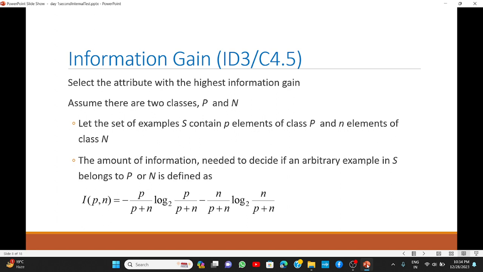Information gain. Information gain is used in ID3 and C4.5 algorithms. First, select the attribute with the highest information gain.